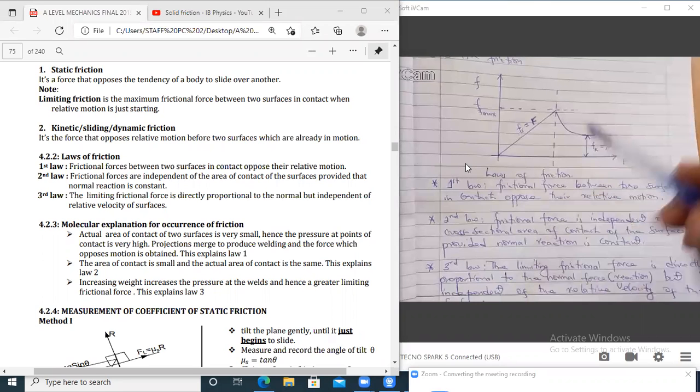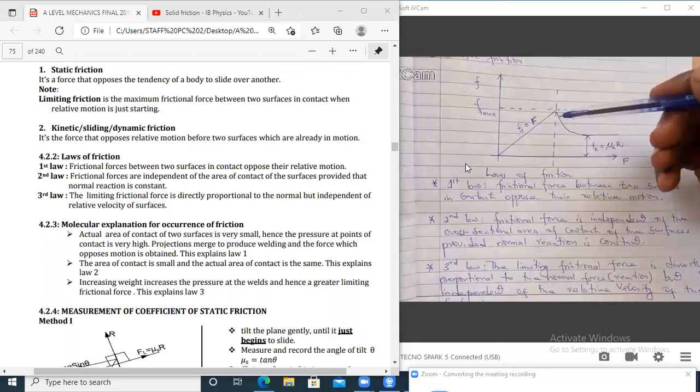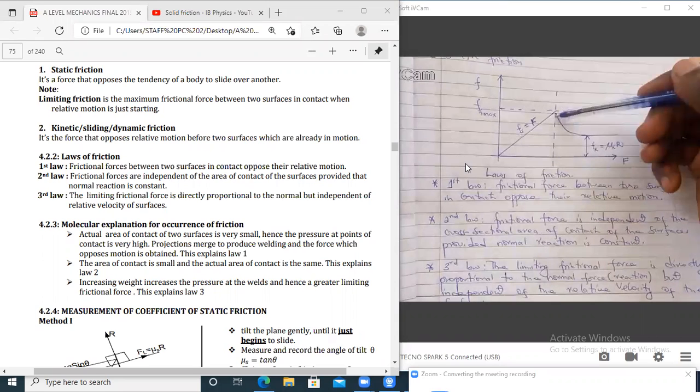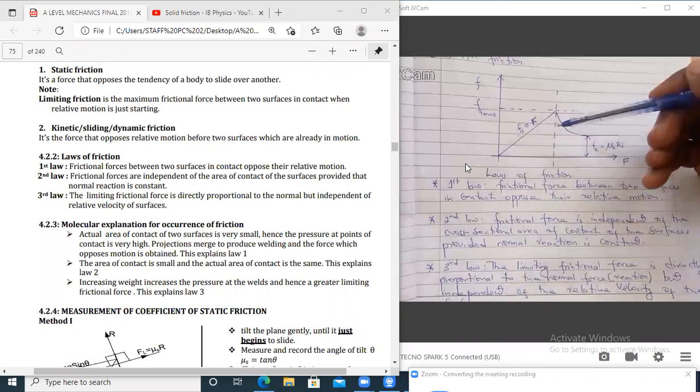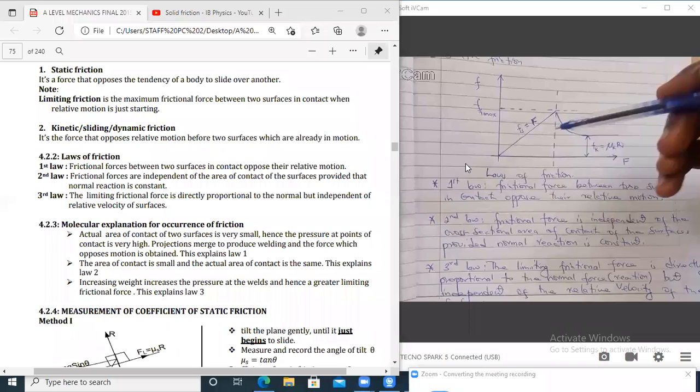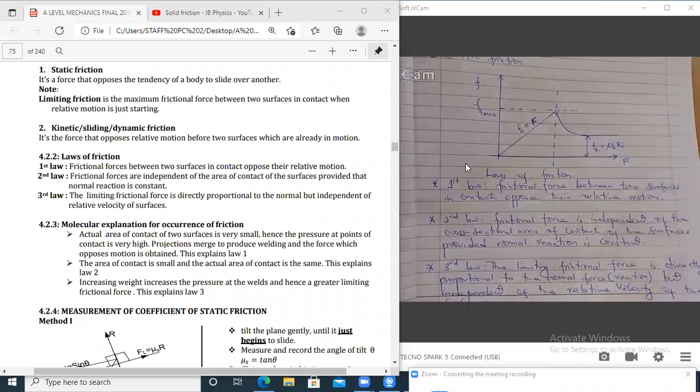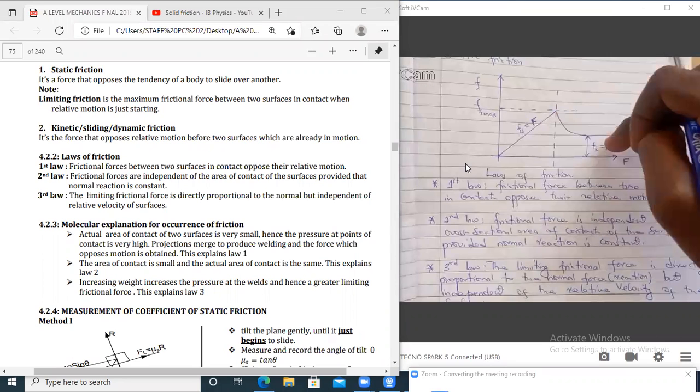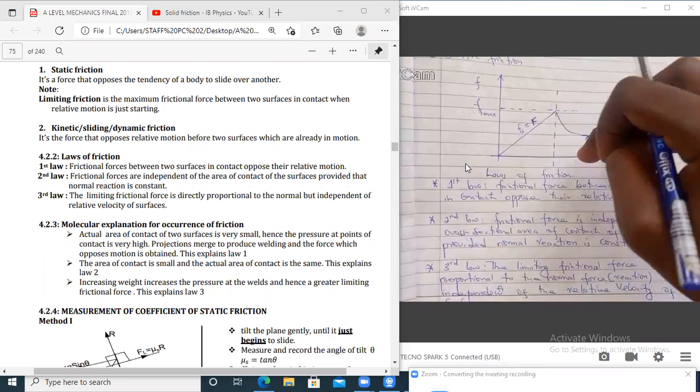So it means as the speed is increasing, it is what? Inversely proportional. If you increase the speed, the frictional force is reducing. That's why we are able to drive. It does not mean that there's no frictional force, but the frictional force has become so minimal that it will keep on decreasing as you drive, like if you are driving a car or riding a bicycle.